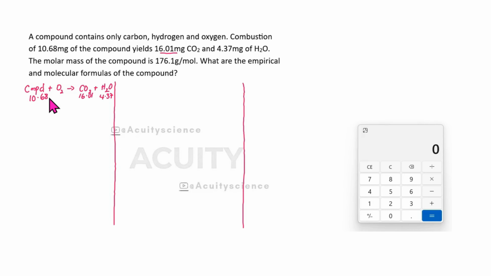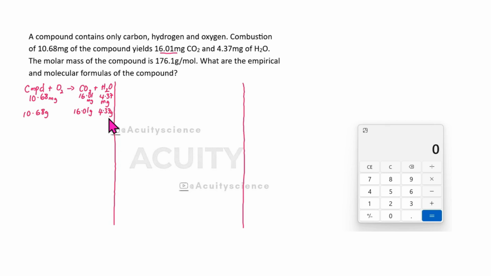So even if they are all in milligram, if we convert them to grams, it would still be 10.68 grams producing 16.01 gram producing 4.37 gram.